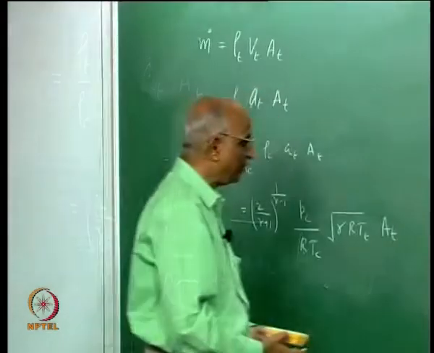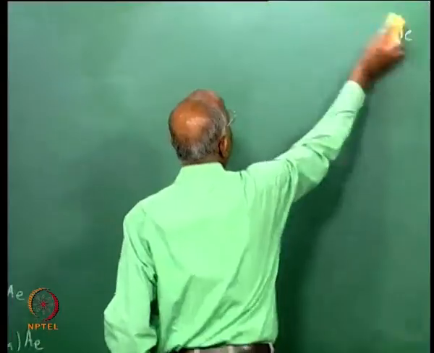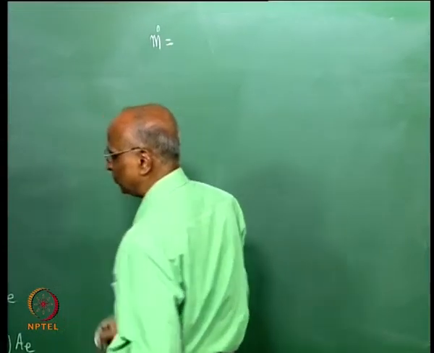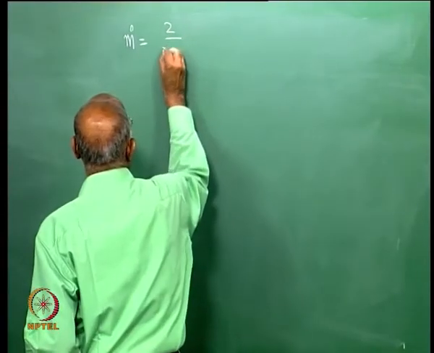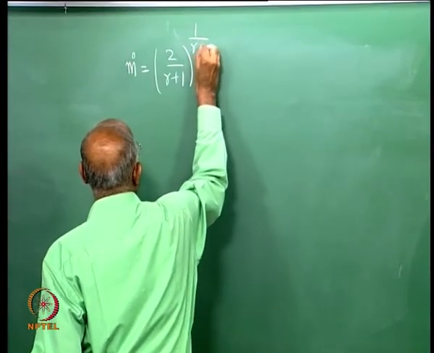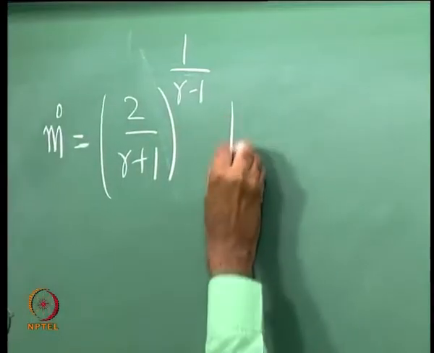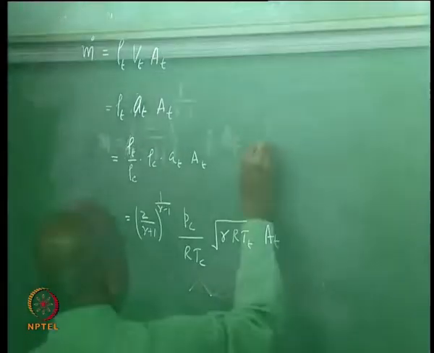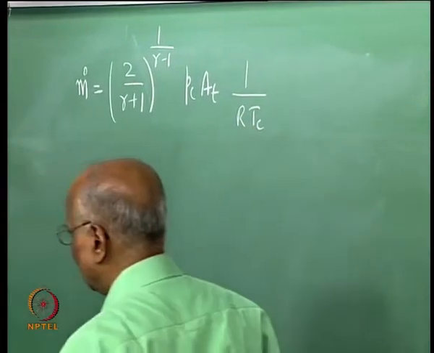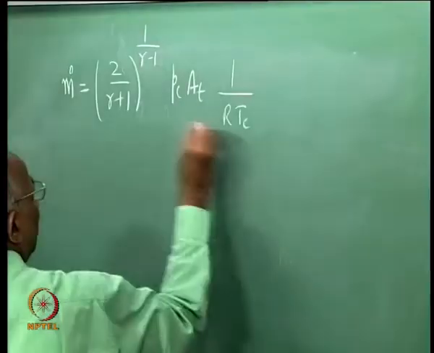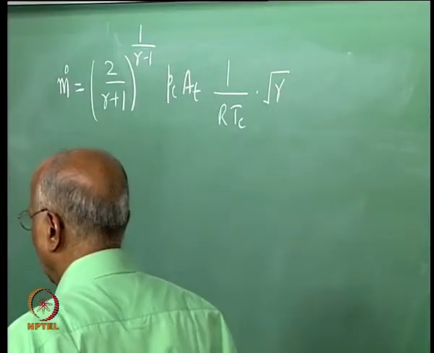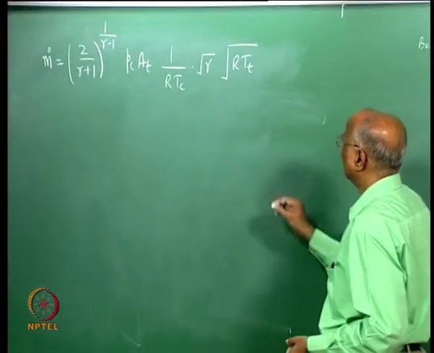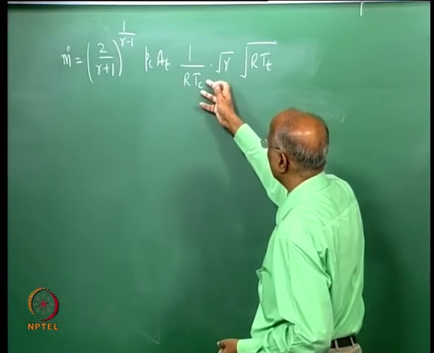Therefore, what does this expression translate to? The mass flow rate m dot is equal to 2 over gamma plus 1 to the power 1 over gamma minus 1, Pc, I take At over here together, now I have 1 over R Tc into under root gamma R Tt. Now I find I have Tt here, Tc here.